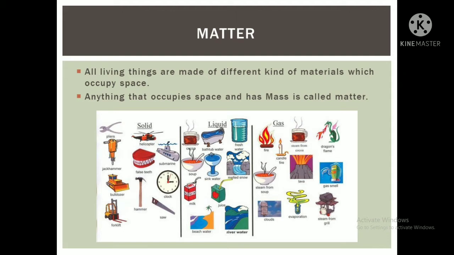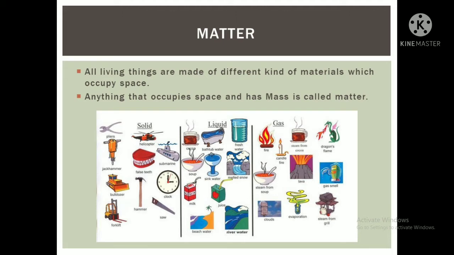Then gas: fire, the steam from the soup, lava, steam from the coffee or tea. All these are matter. Anything that has space and also has some mass is nothing but known as matter.